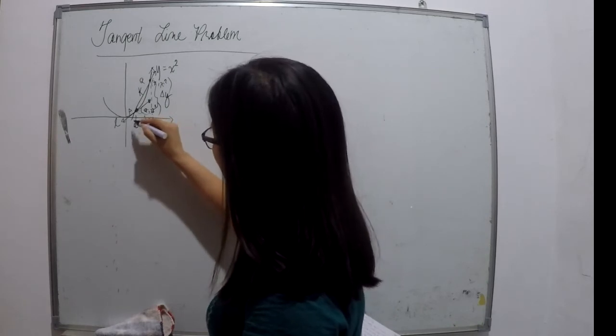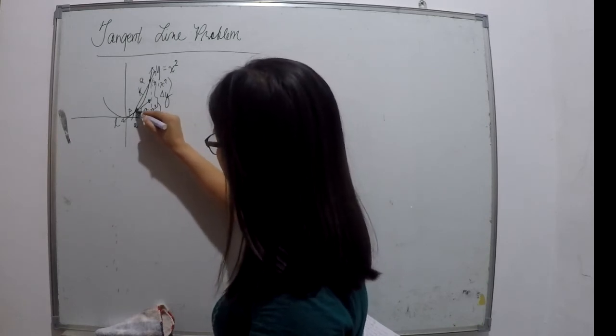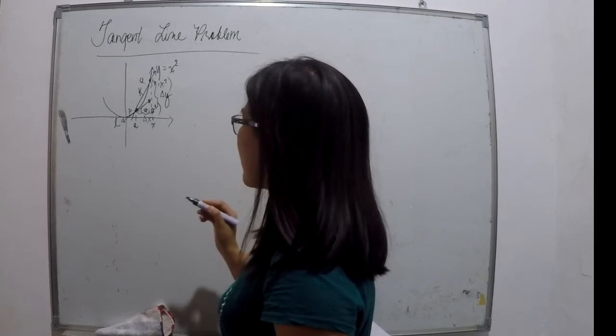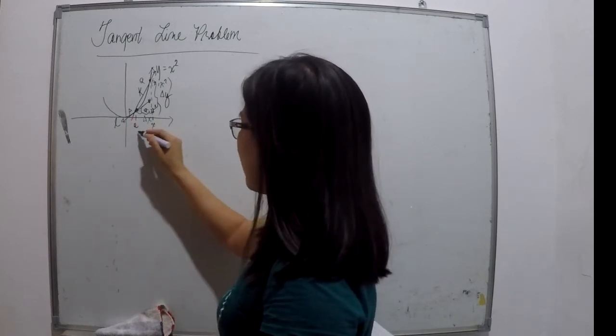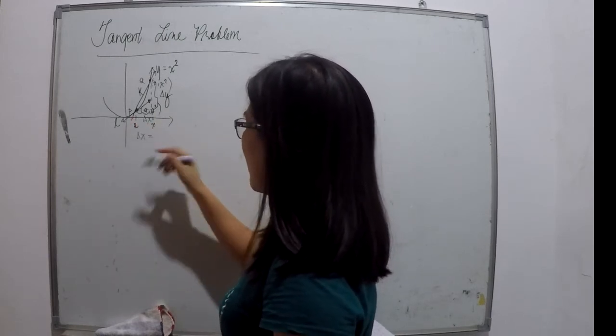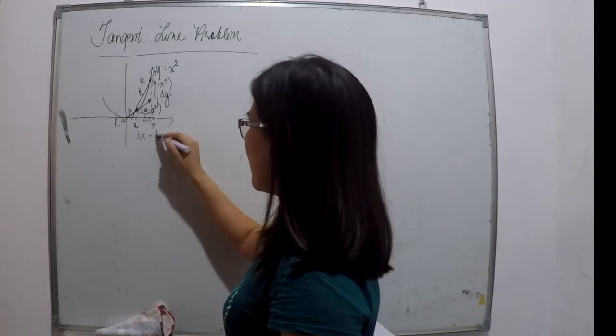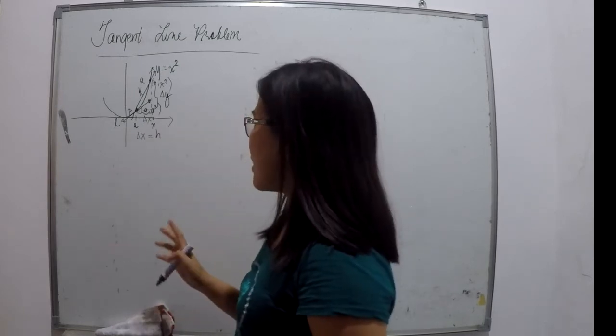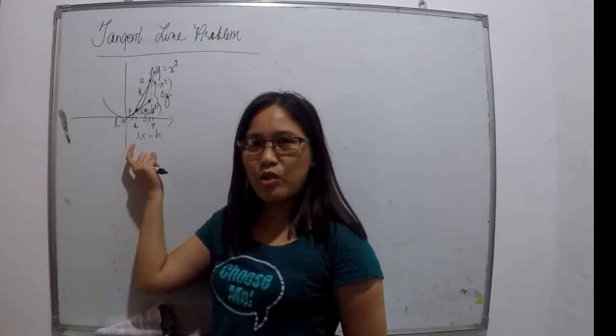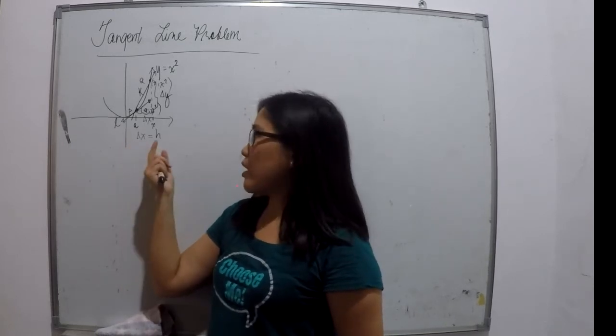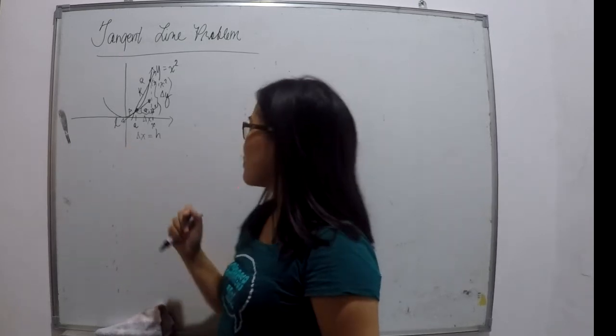Now, if we use the notation h for delta x, meaning the change of x, we use another notation, that is h.